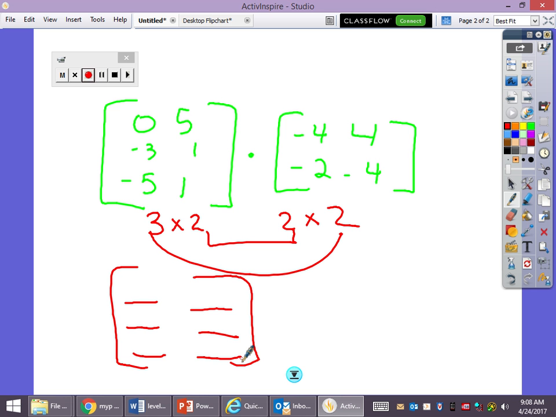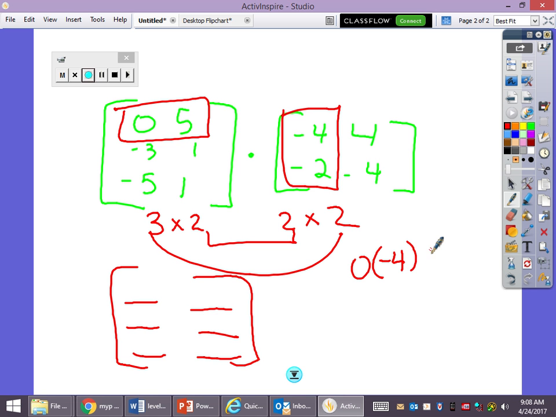Okay? So I'm going to take the first row and multiply it by the first column. So that would be 0 times negative 4 plus 5 times, oh sorry, I'm reading my numbers wrong, it would be negative 2. Then I'm going to go back and use the same row times this column.